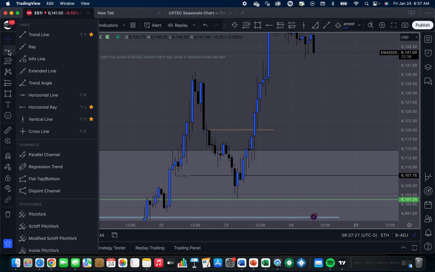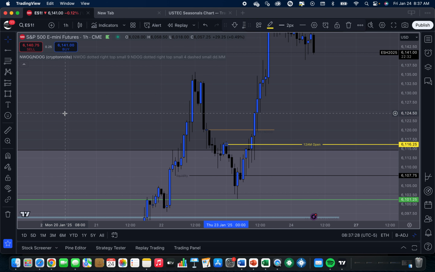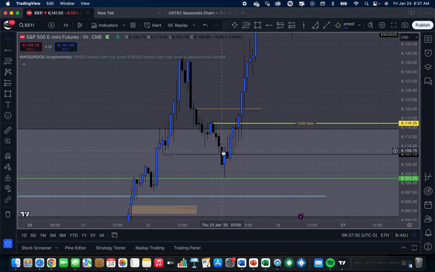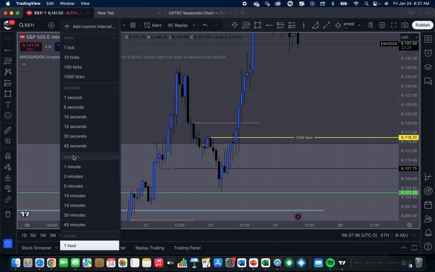So we mark out our 12 a.m. open, which is right here. We have the liquidity grab overnight during London session. And now let's drop down to the lower time frame.